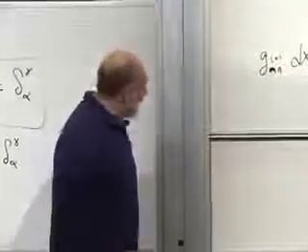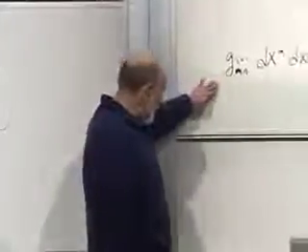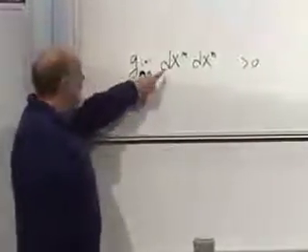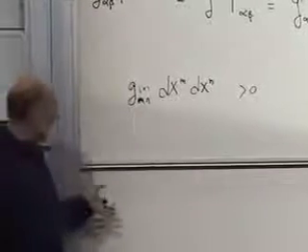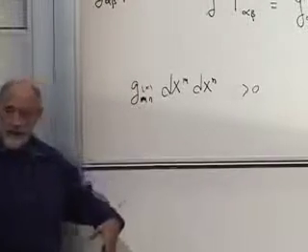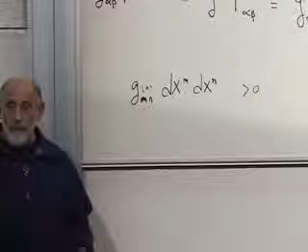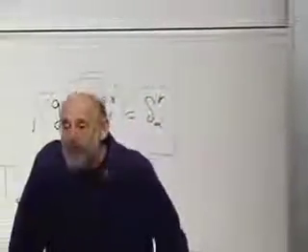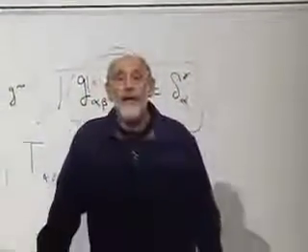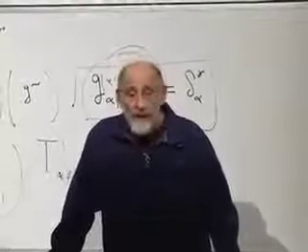Now, if you have a matrix which, when you multiply it on the left times a vector and on the right times the same vector, must be positive, then there's something you can say about that matrix. Does anybody know what it is? Positive definite. It's positive definite. And that means exactly what?